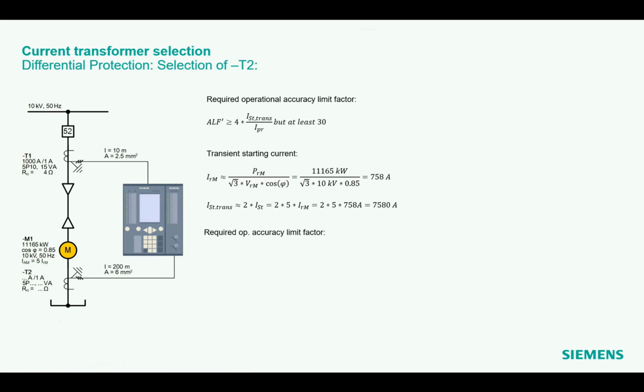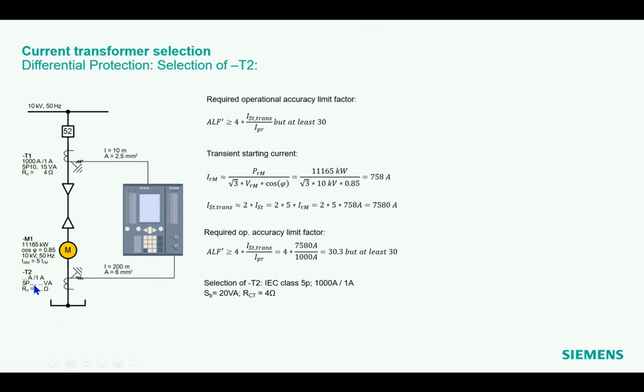The requested factor is, according to that formula, 13.3, so 7,580 divided by 1,000. So this is the current transformer here. So the result is 30.3, but at least 30. So in this example, this value here now wins. It's a little bit bigger. Now I can think, okay, what current transformer could I take here for that start point?